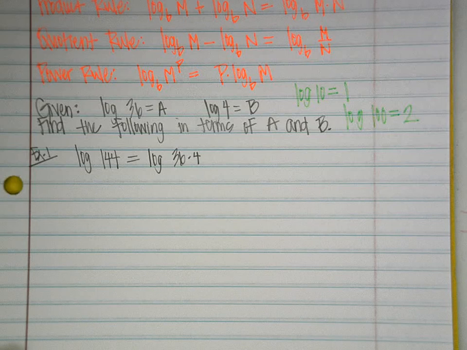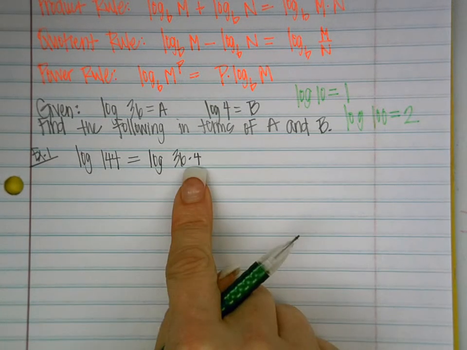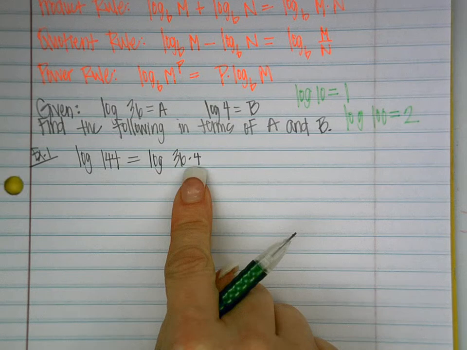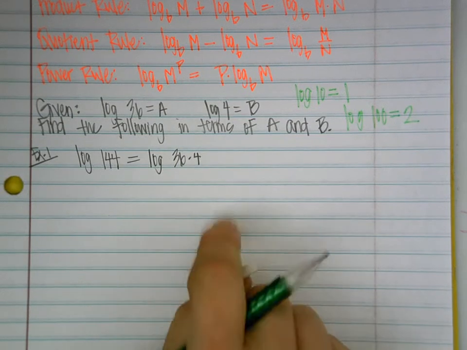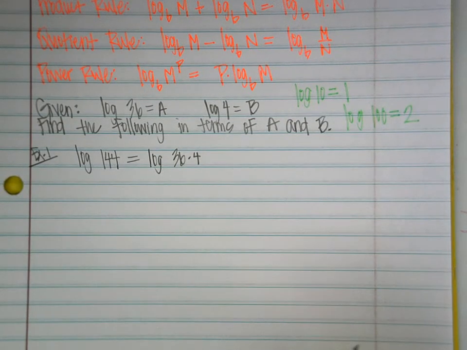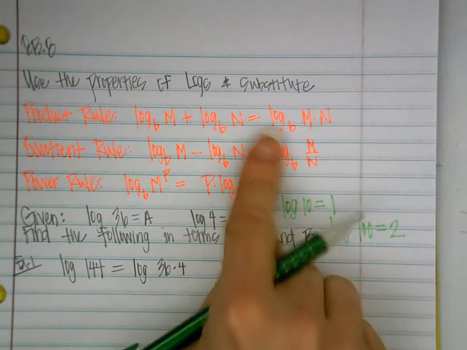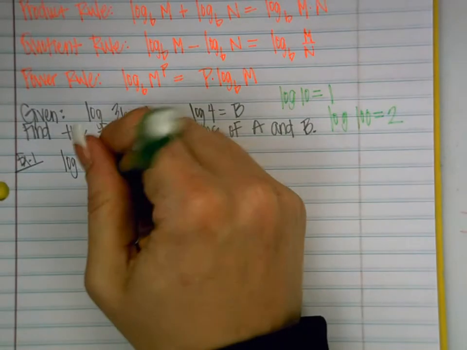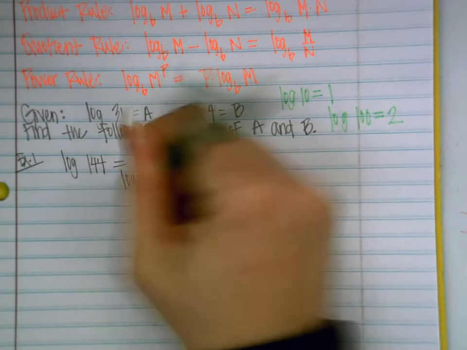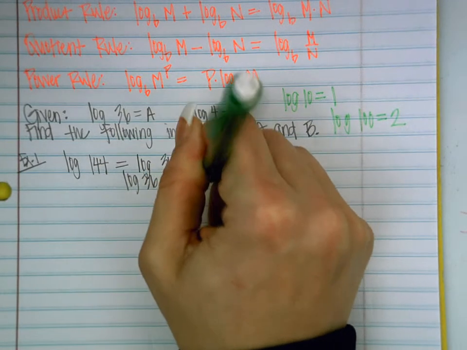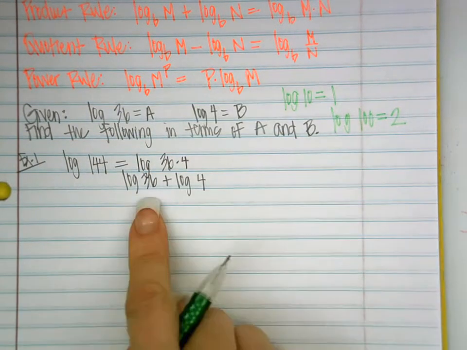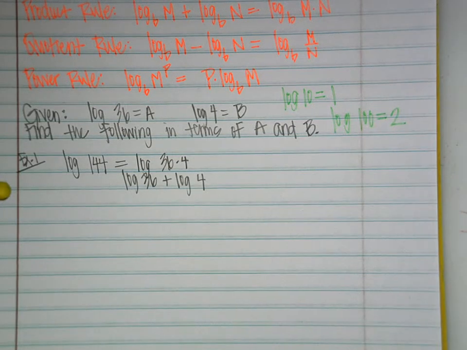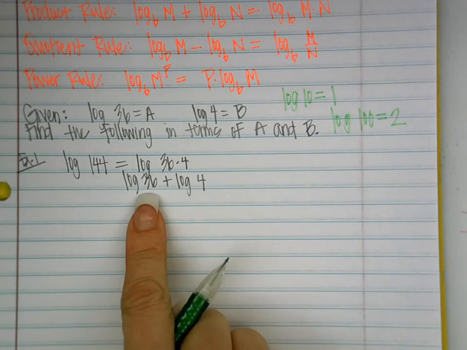I'm telling you, 36 times 4 is equal to 144. Then we're going to go backwards here. If we go backwards, multiplication turns into what? Addition. So you can break these apart. This would become log 36 plus log 4. Then once you have these all by themselves, you can substitute. Were you given 36? What is log 36 equal to?